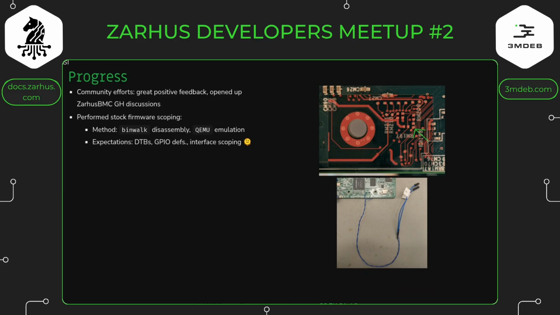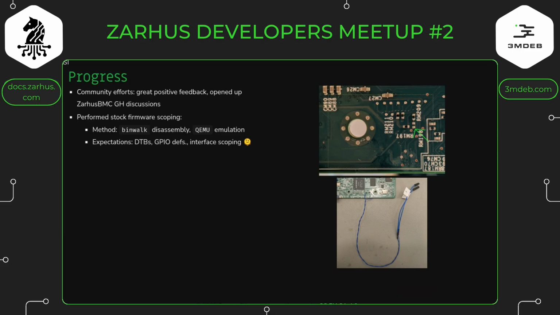And regarding the practical stuff, we performed stock firmware scoping. The first method was using binwalk to disassemble the stock firmware and use QEMU emulation to run the stock firmware on whatever platform you wanted to run it on.